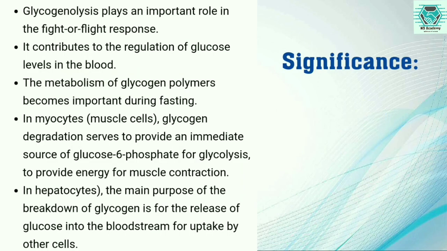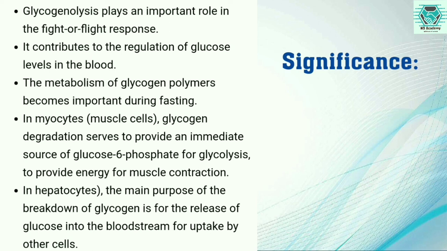The significance of glycogenolysis is that it plays an important role in the fight-or-flight response. It contributes to the regulation of glucose levels in blood. The metabolism of glycogen polymers becomes important during fasting.